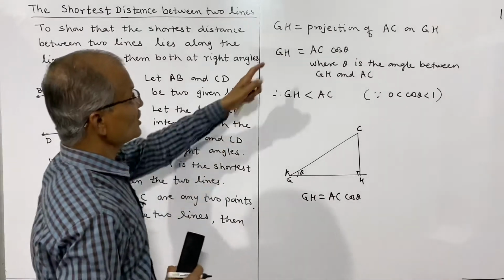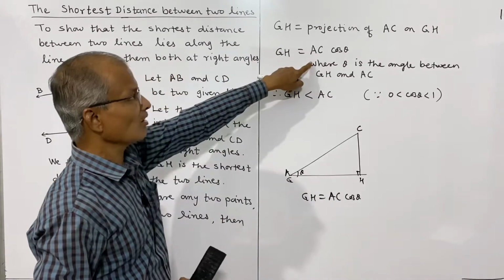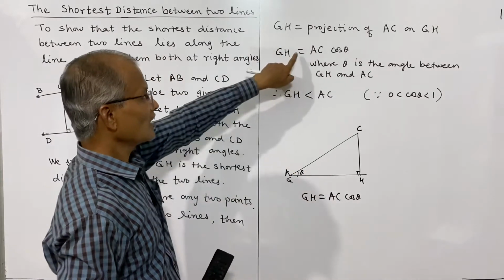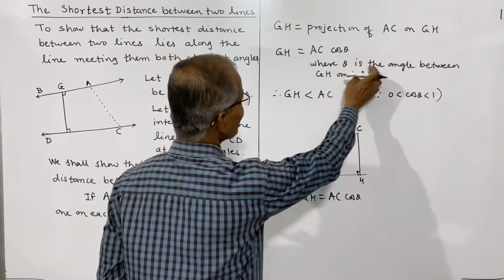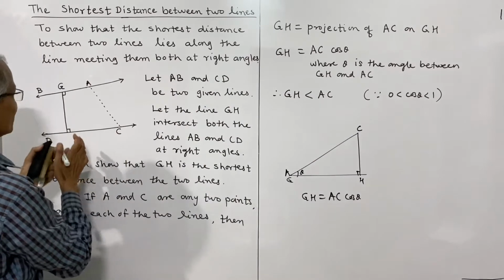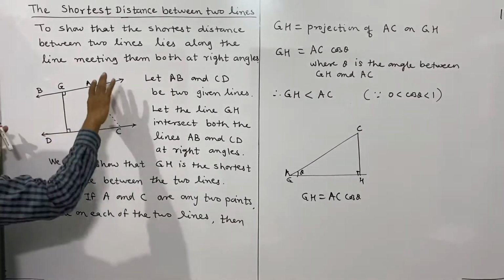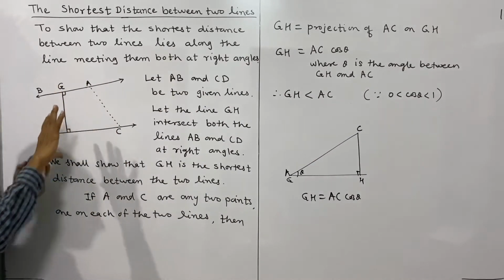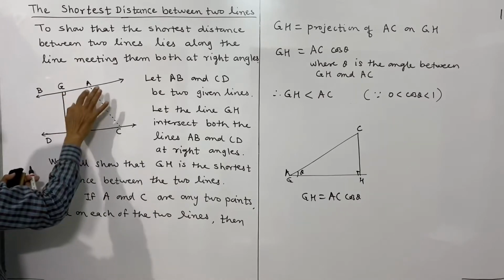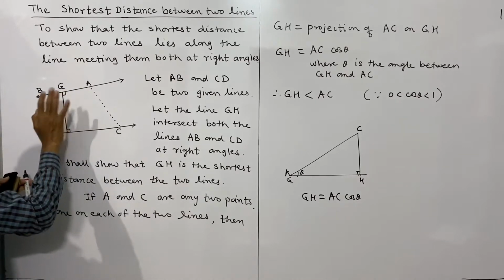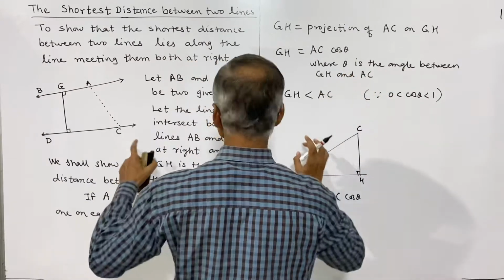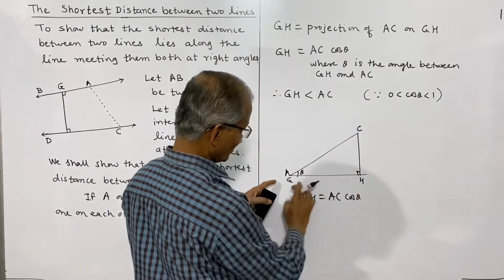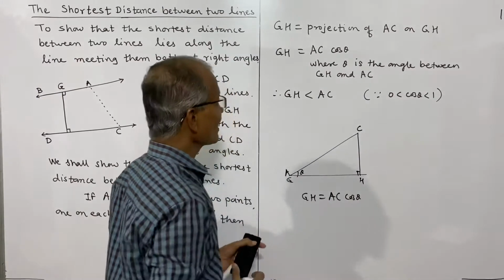So GH is projection of AC on GH itself, and therefore GH is AC into cos theta, where theta is the angle between GH and AC, the angle between this line and this line. So this line is to be shifted parallel to itself to coincide with G, and theta is the angle between GH and AC.